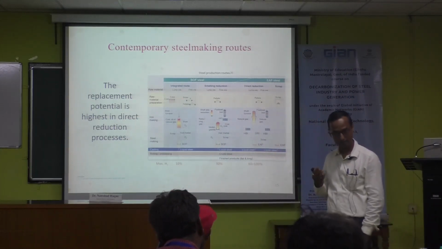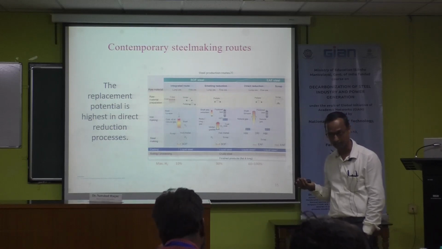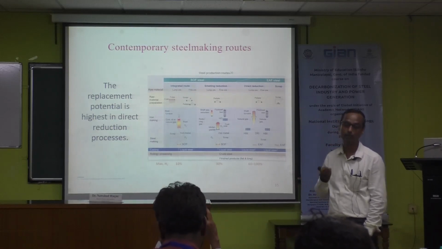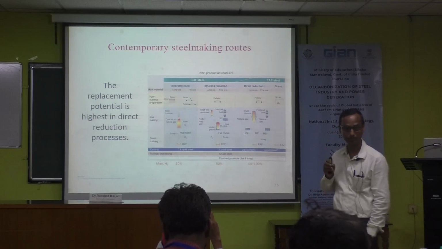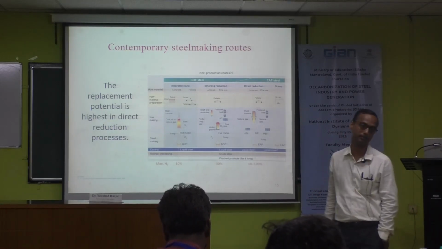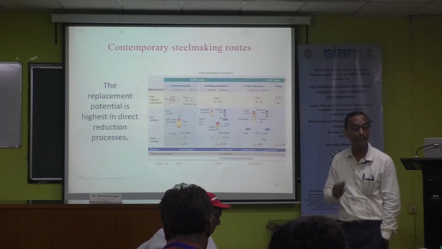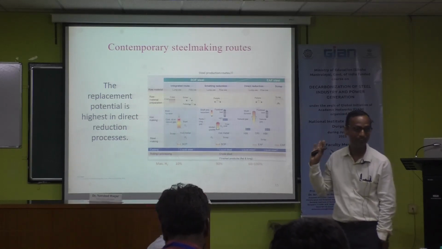They are injecting hydrogen, but they can go up to 100% hydrogen in other routes. In the blast furnace, if you want to replace the fuels by hydrogen, up to 10% you can. Say my fuel rate is around 530 kg; 10% is 53 kg. You can decrease only up to this level, maximum.